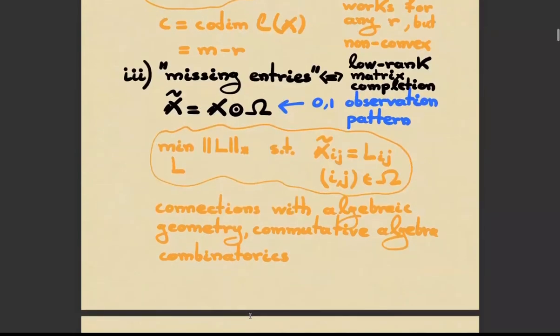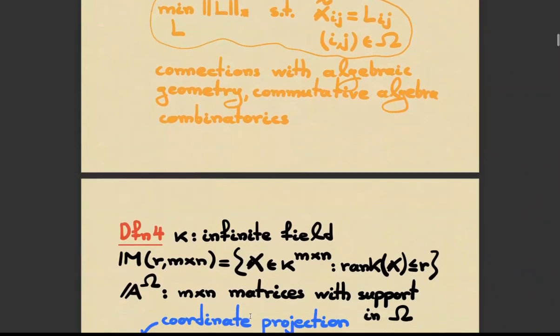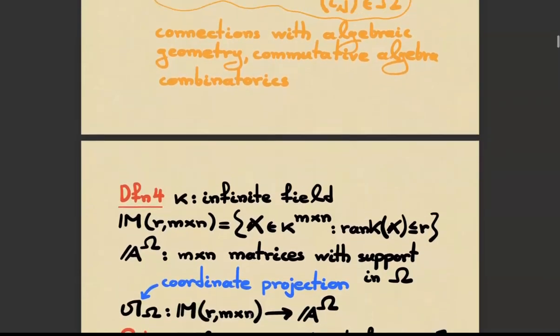So here's an interesting problem that relates to low-rank matrix completion. Because it uses a piece of notation that I will need anyway, I'm just mentioning it to you.